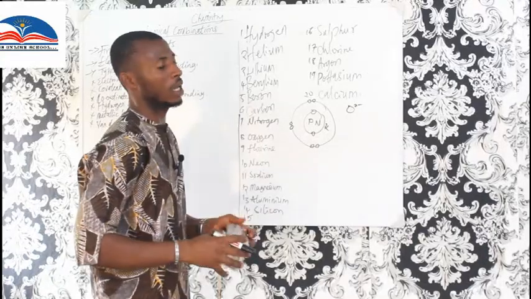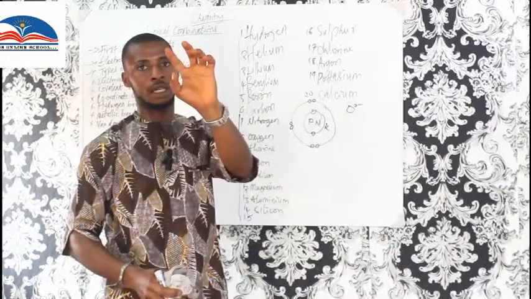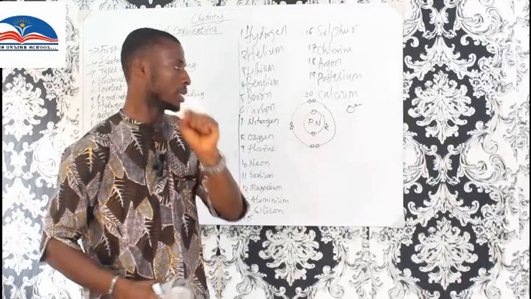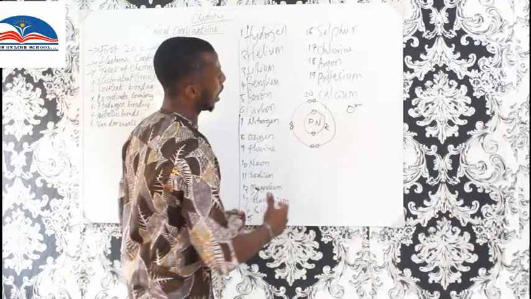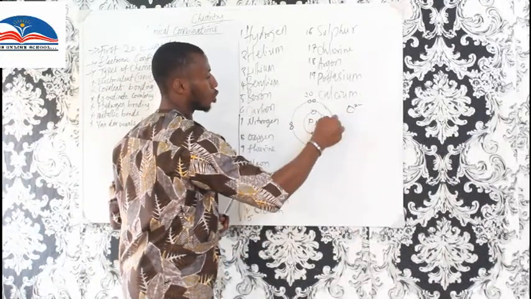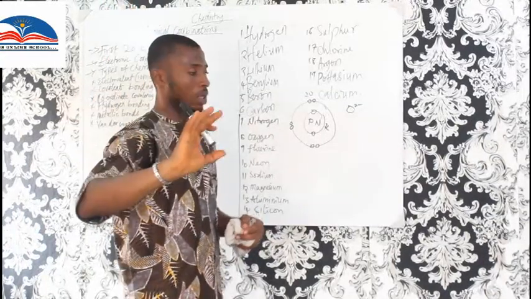That means it needs 2 electrons to complete its shell to be 8, to make the shell an octet shell. If it needs 2 to complete it, that means it's going to take 2 from the one that has 2 to give.